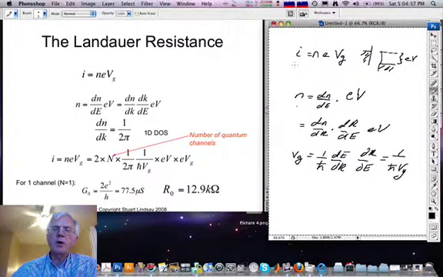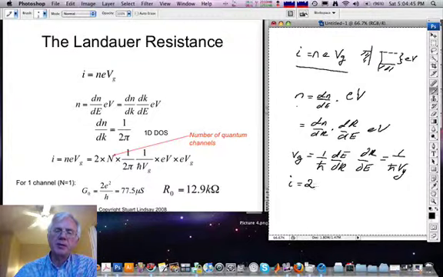So if we go back to our expression for the current I, it's going to be the number of electrons per k state, which is 2 for spin up and spin down, so we'll put the 2 in here. And then maybe we have more than one quantum channel, so I'm going to put the n in here. And then we have the number of states, and that is just 1 over 2 pi. Why? Because that is dn/dk in one dimension.